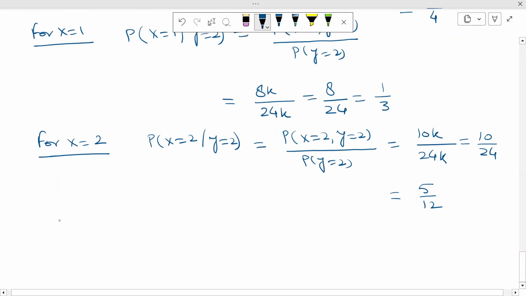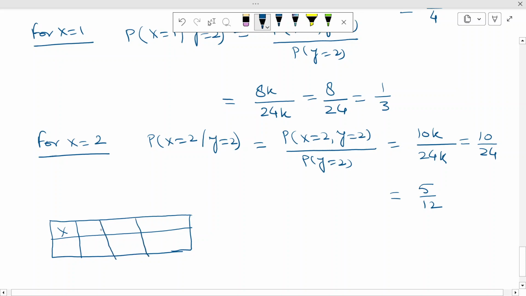If you want the tabular representation of this conditional distribution, again we have a table, and in the first row we have the values of x, which are 0, 1 and 2, and in the second row we have the conditional probabilities for x equals xi given y equals 2, and we have already calculated these probabilities.